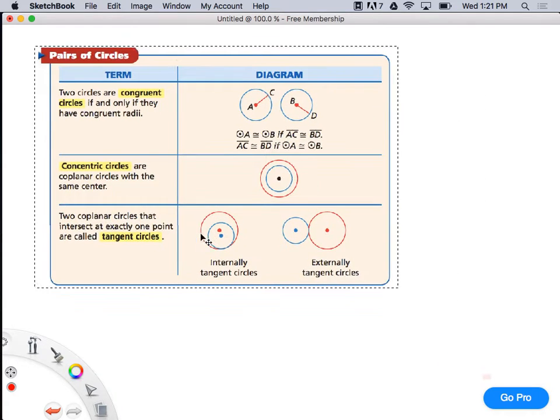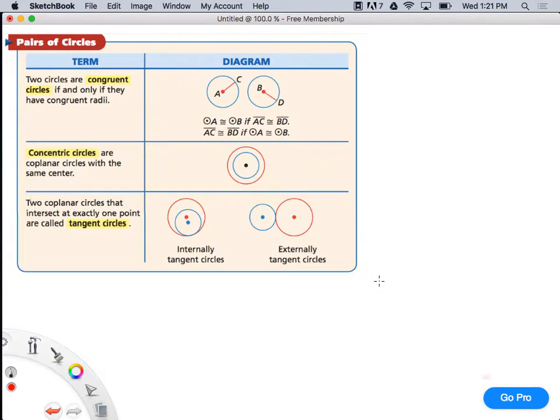Two circles are congruent. Remember, what does congruent mean? Same size and shape. So two circles are congruent if they have the same radii, which means they're the same size. Let me give you an example.